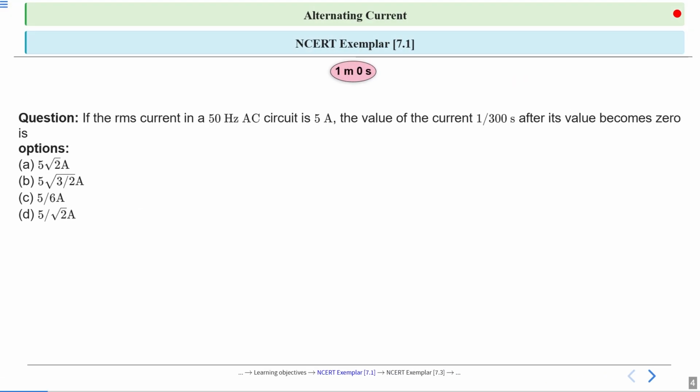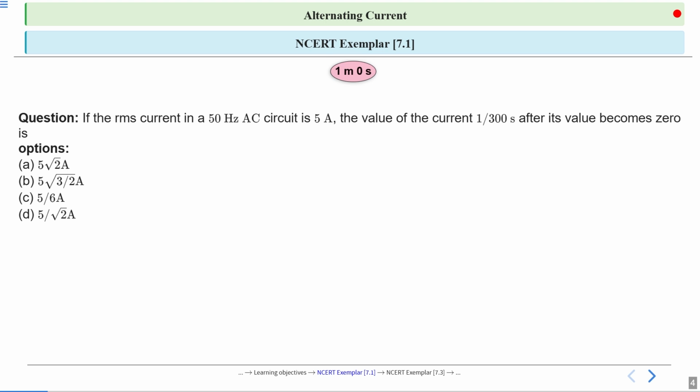So the question is, if the RMS current in a 50 hertz AC circuit is 5 ampere, what is the value of the current 1 by 300 second after its value becomes 0? So the RMS value of current is given in an AC circuit having frequency 50 hertz, and the circuit is carrying current 5 ampere.